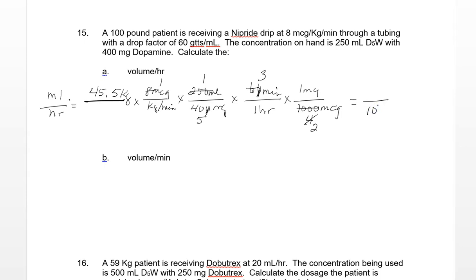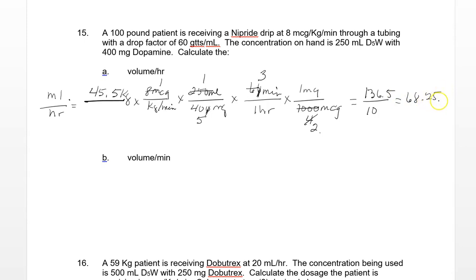which is 45.5 times 3 is 136.5 divided by 10, because we have our 5 and our 2, is 68.25 milliliters per hour.